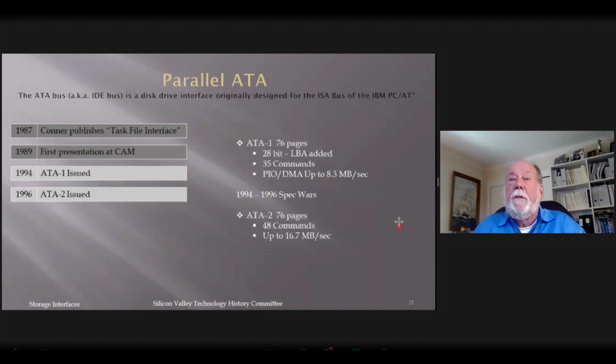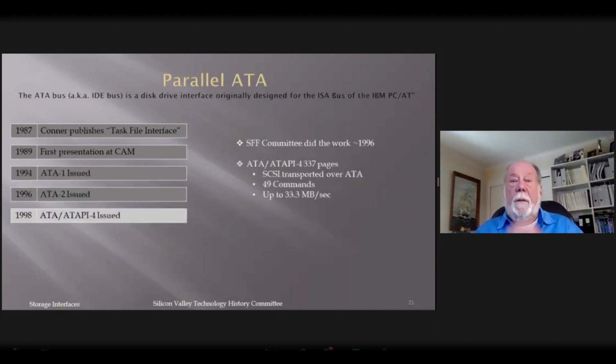It was 35 commands, and it used either programmed I/O or direct DMA I/O up to 8.3 megabytes per second. The next 2 years, there were wars by the vendors that had tried to establish their versions as a standard, and ATA2 actually implemented most of the standards as standards.